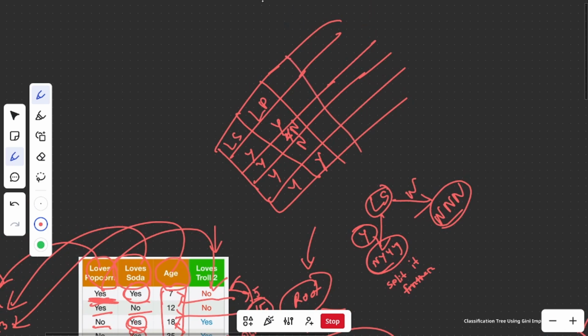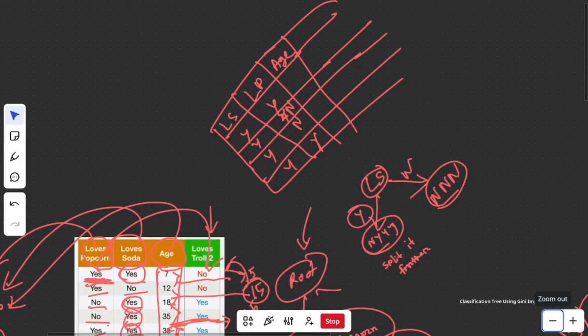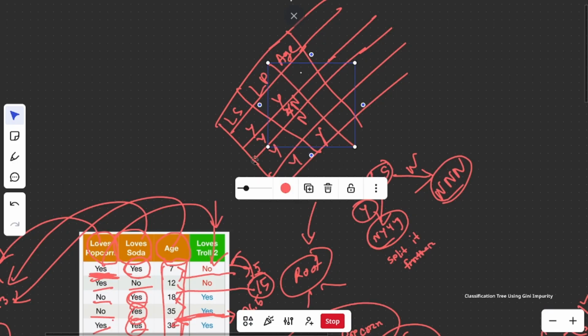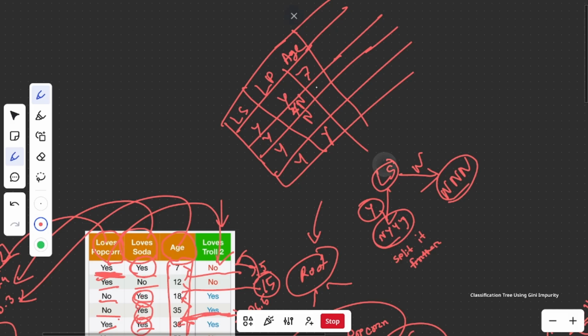And in the same rows we have age: 7, then 18, then 35, then 38.